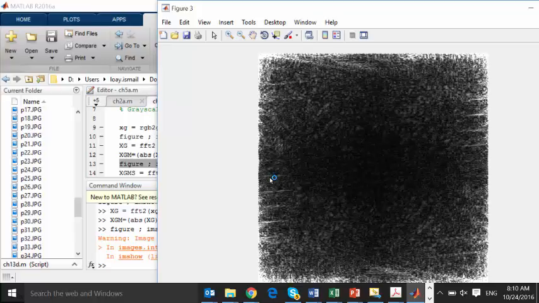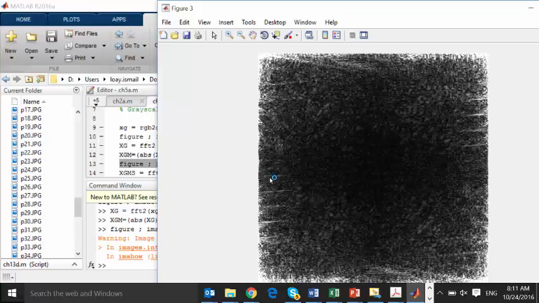From the extreme left to the midpoint, the frequencies are increasing. Then from the midpoint to the right side, the frequency decreases once again. So around this midpoint, each two points that are equally distant from the right and the left are complex conjugates of each other. And the same thing can be said for the vertical direction.